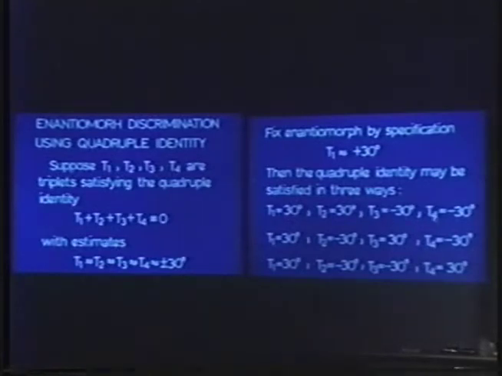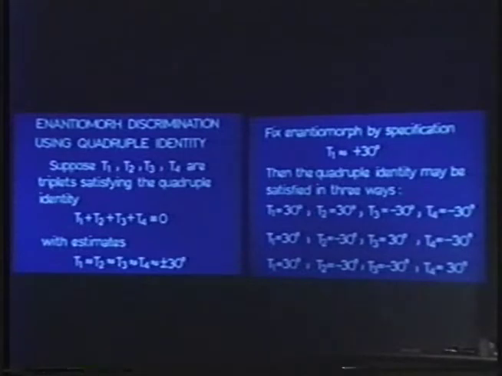In that case, the sum of these 4 triplets does in fact satisfy the quadruple identity. But there are other ways of doing it. We can choose T2 to be minus 30, T3 to be plus 30, and T4 to be minus 30. Again, the quadruple identity is satisfied. And finally, there's still another combination of signs for which this identity is satisfied.